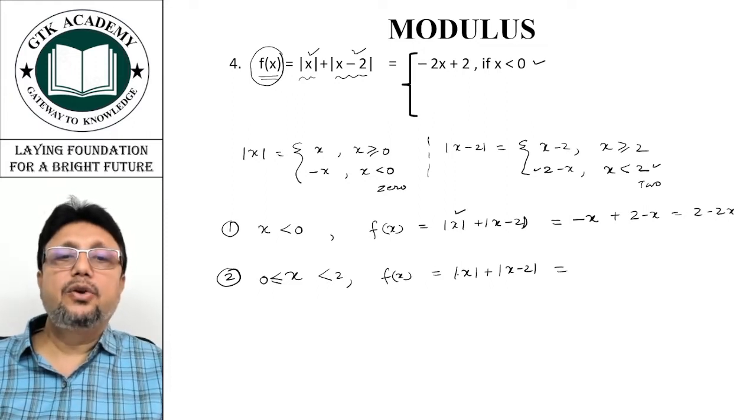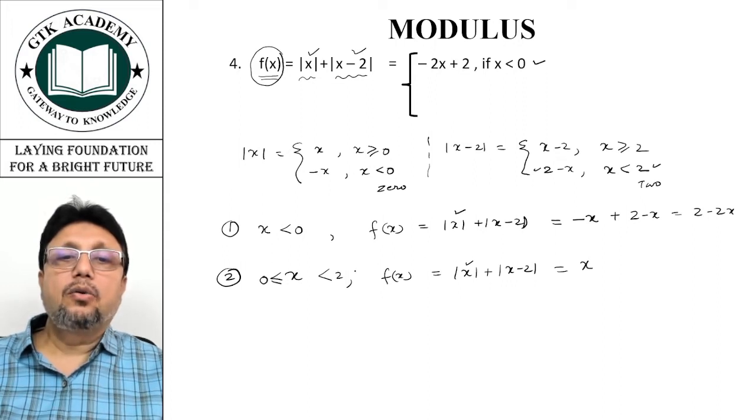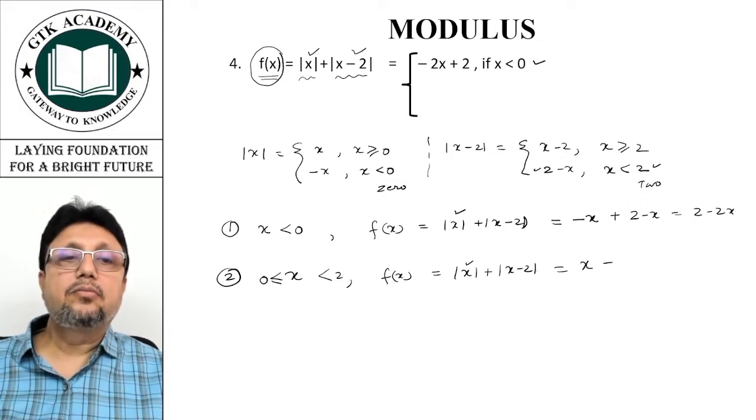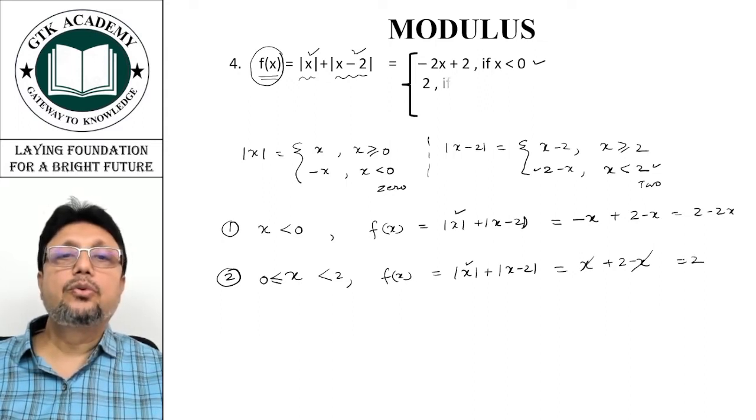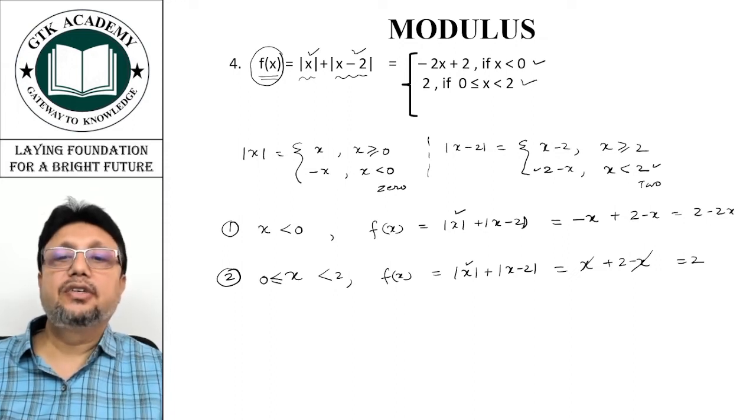In this region, you can see the value of |x| will be x, because x is greater than 0. But |x − 2| will be 2 − x. x will cancel out. This is equal to 2. So this is the second region.